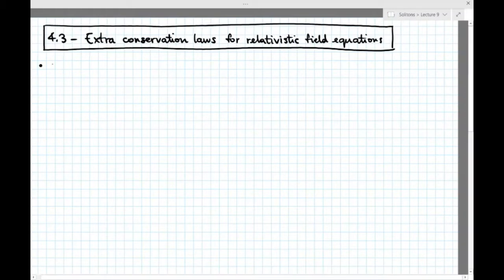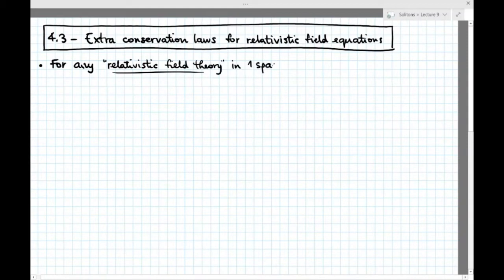The first fact is that for any so-called relativistic field theory, in one space plus one time dimensions, where space is parameterized by x and time is parameterized by t.